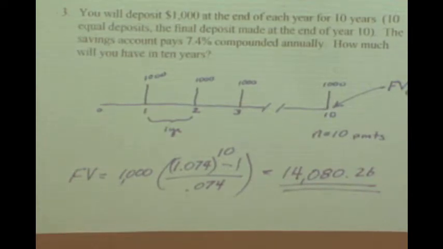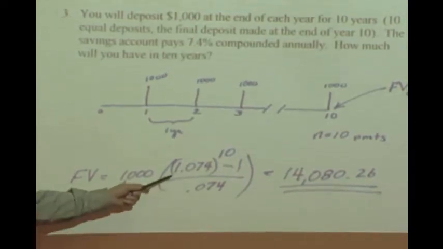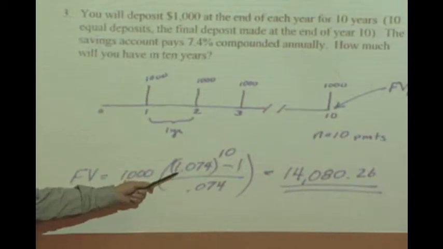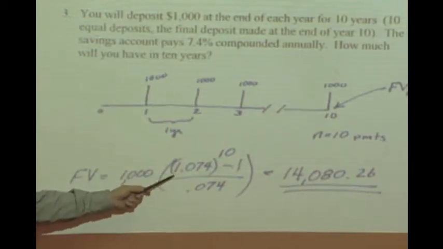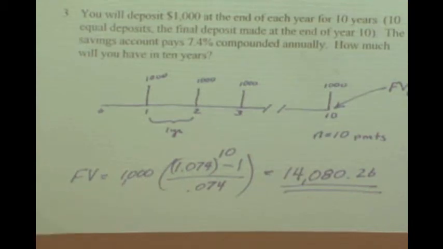And the future value you can do with your calculators very quickly without even storing anything. Just start, take 1.074, y to the x button, 10, minus 1, divide by 0.074, multiply by 1,000.